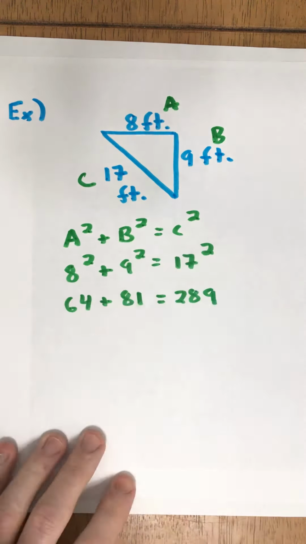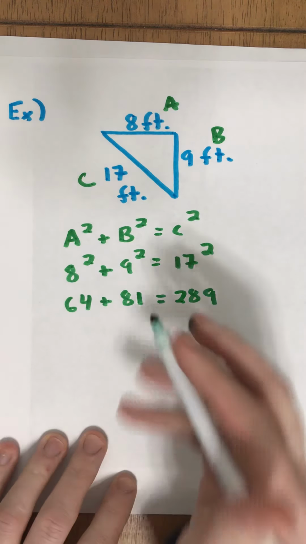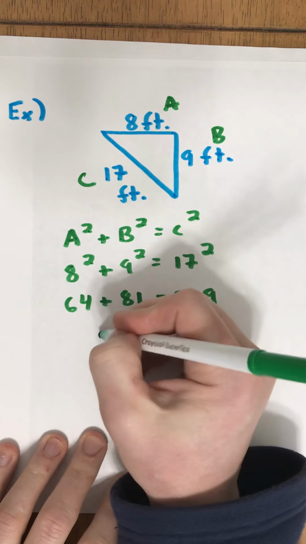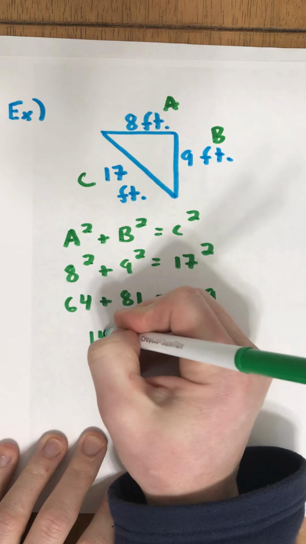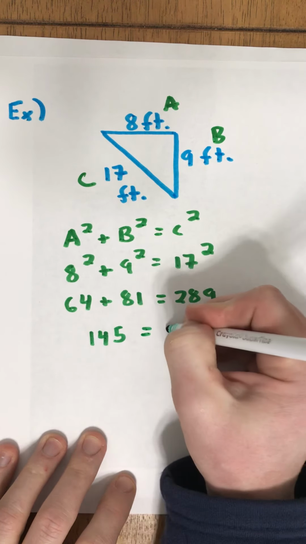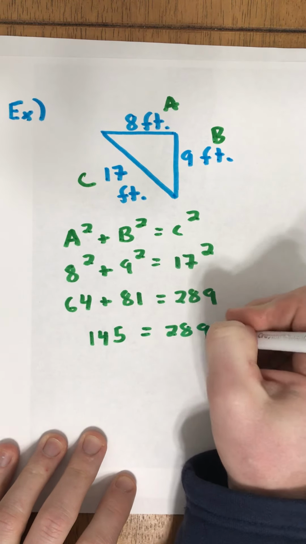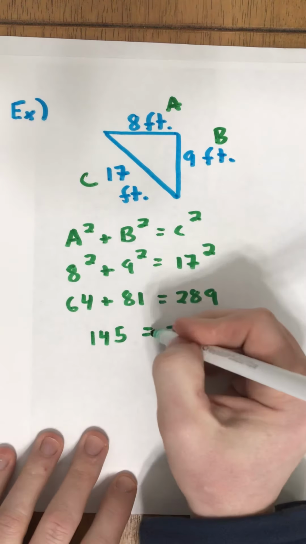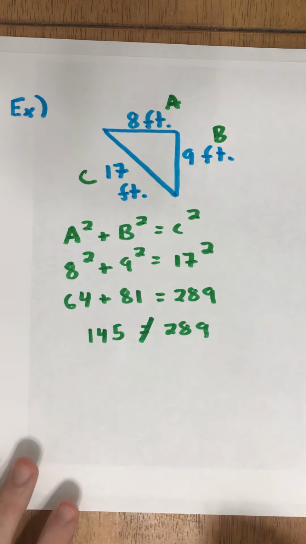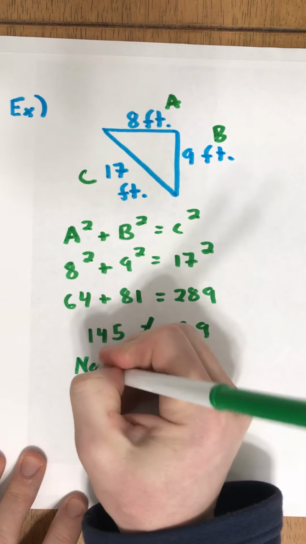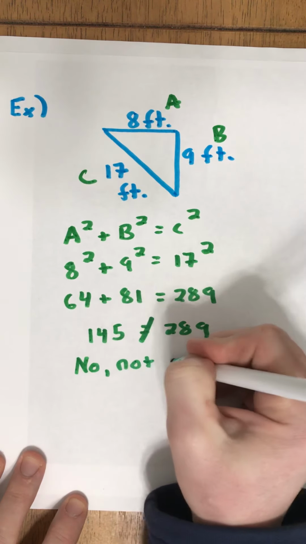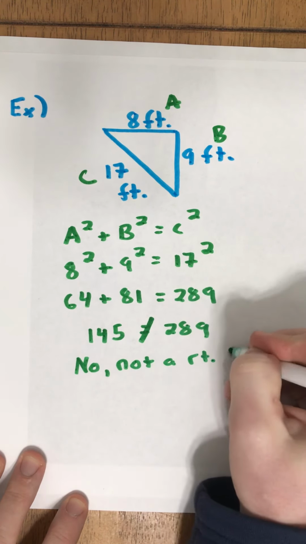So I'm going to add up 64 and 81, and I believe I am going to get 145, which is clearly not equal to 289. So because they're not equal, I'm going to write no, not a right triangle.